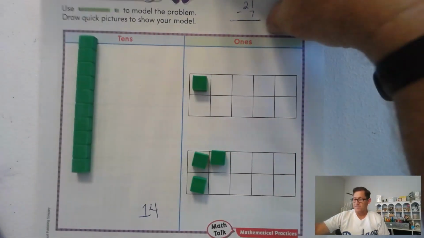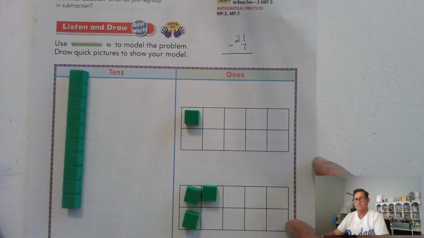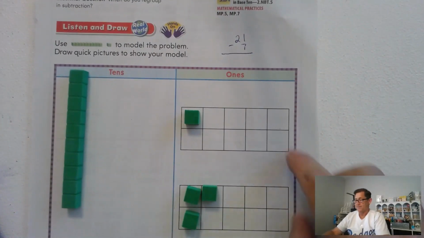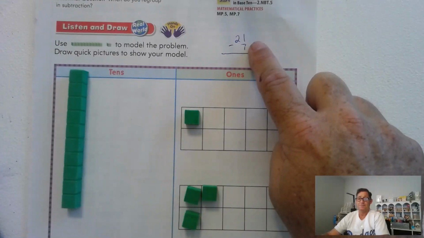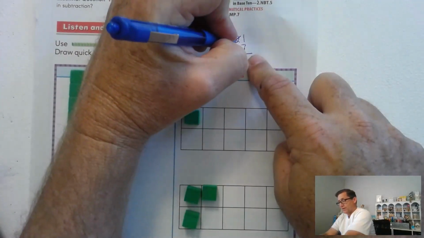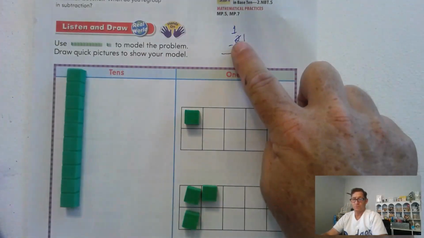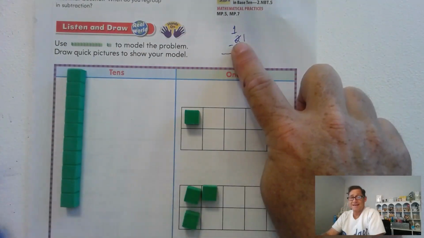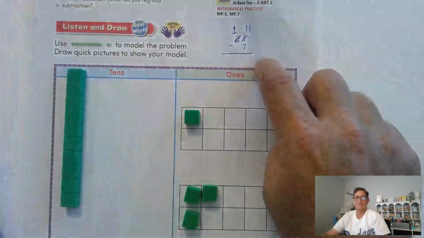Okay. And I'll go ahead and illustrate what that looks like with the regular subtraction method. So we said there weren't enough ones, right, to take away 7. So what we did was we traded one of the tens. In other words, we took away one of the tens and traded it for 10 ones.